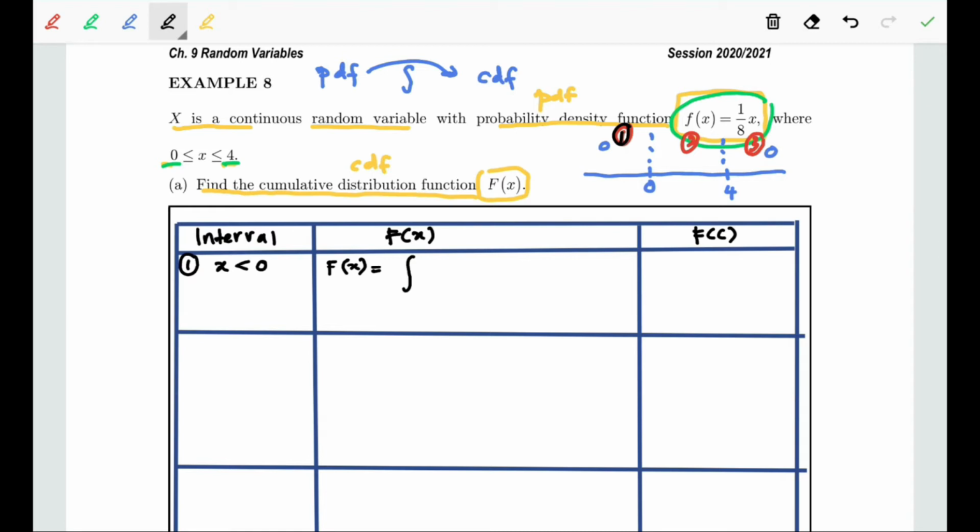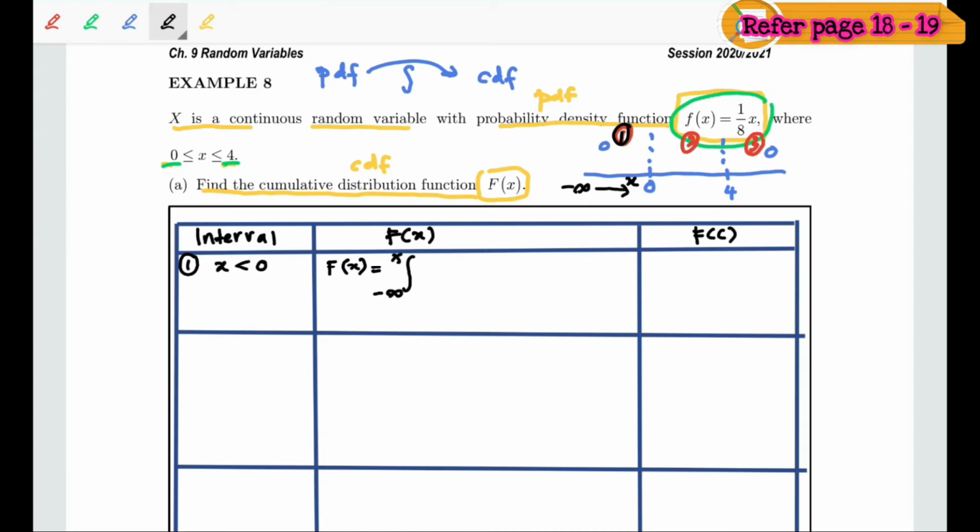We're going to start from negative infinity and integrate until x. We are not going to integrate until 0, because 0 is the maximum for that interval. So we're going to write it as negative infinity to x.